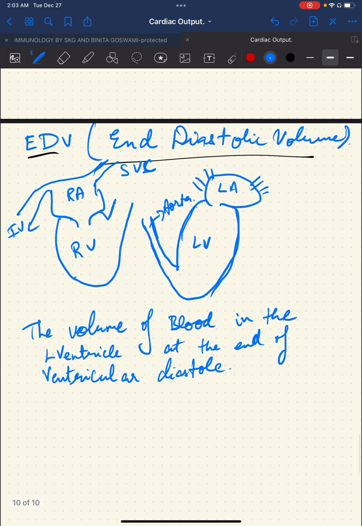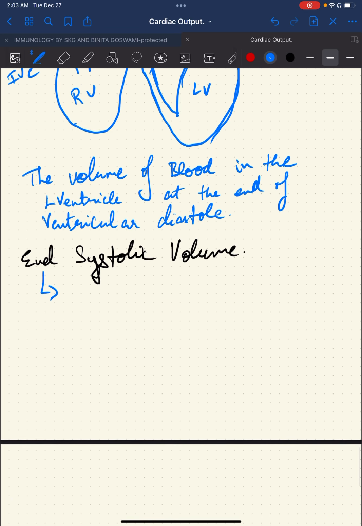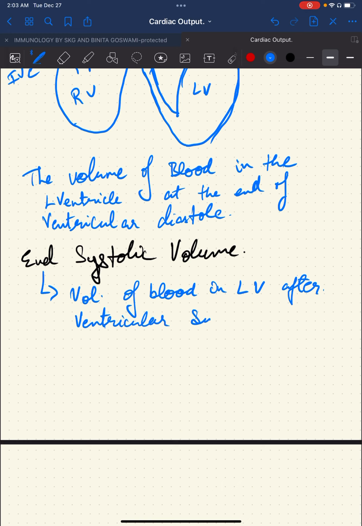Similarly, end systolic volume is volume of blood in left ventricle after ventricular systole.